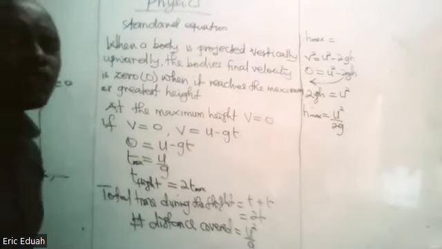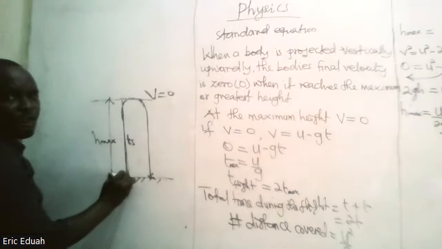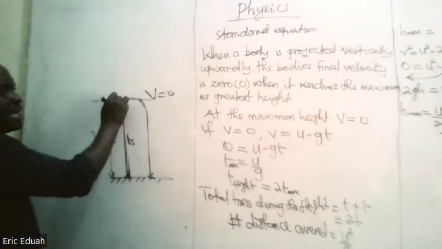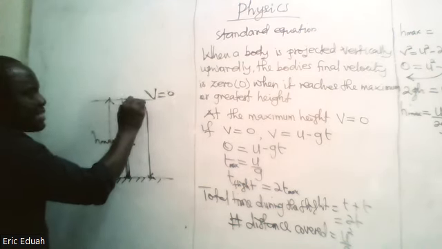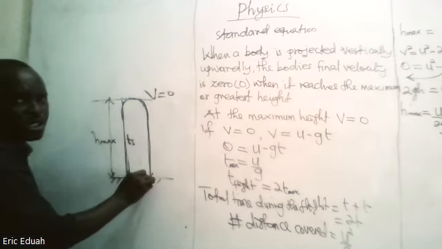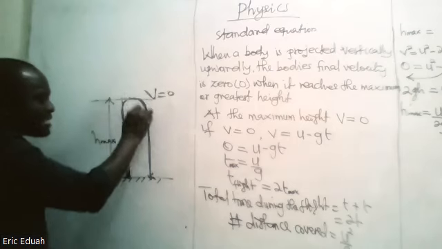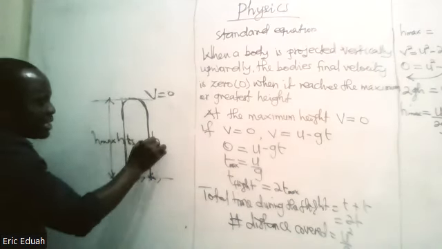If I'm looking for the total distance covered, from here to this point it takes a distance H max, which is U squared over 2G. Then it gets to the maximum height and falls back to where it was initially thrown. It will cover the same height. So this is H max, this is also H max.